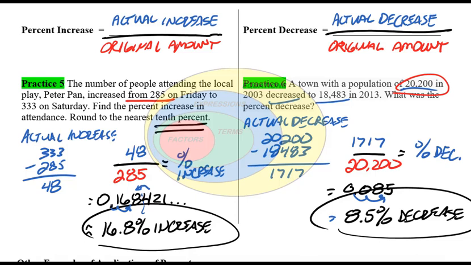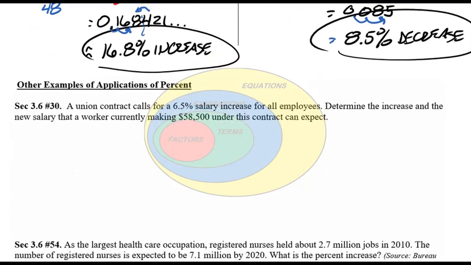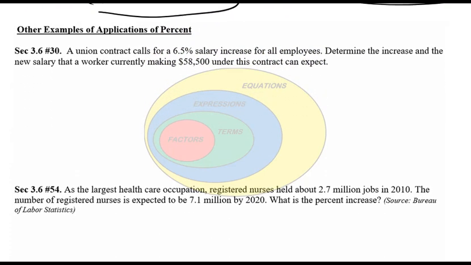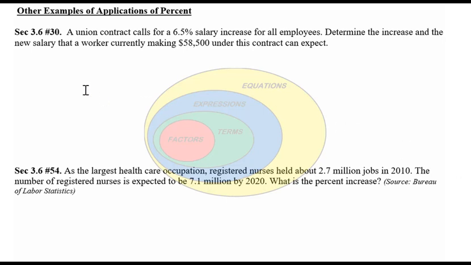All right, so again, we want to find the actual increase divided by the original amount, or the starting amount. Let's try a couple more problems from the textbook that deal with percents. Number 30 can sometimes be misleading. It says a union contract calls for a 6.5% salary increase for all employees.